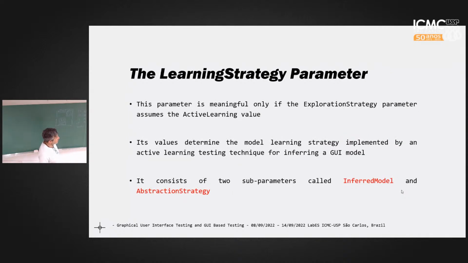Learning strategy. The learning strategy is the parameter that tells you which kind of model you want to build at runtime. If you want to build at runtime a GUI tree, a finite state machine, an event flow graph, or another kind of model that you want to propose to the research community.